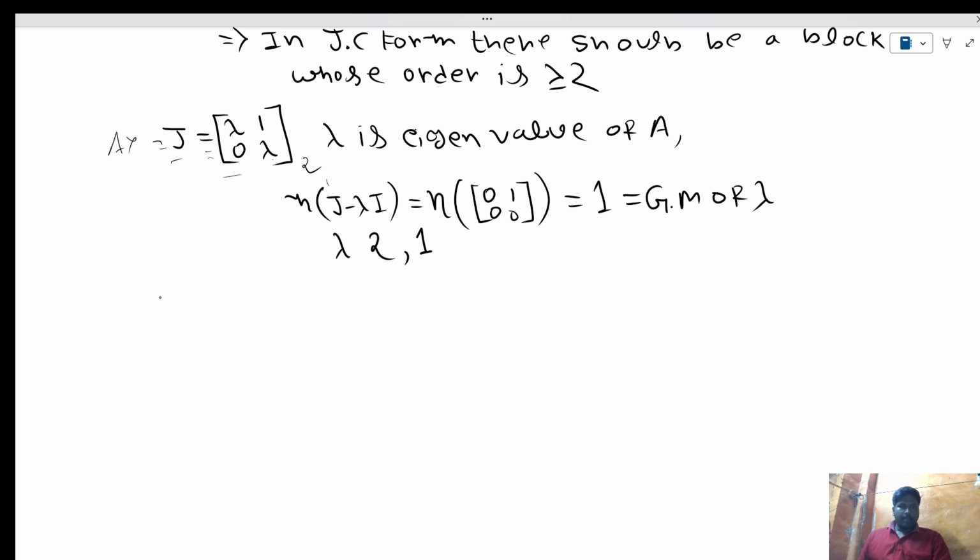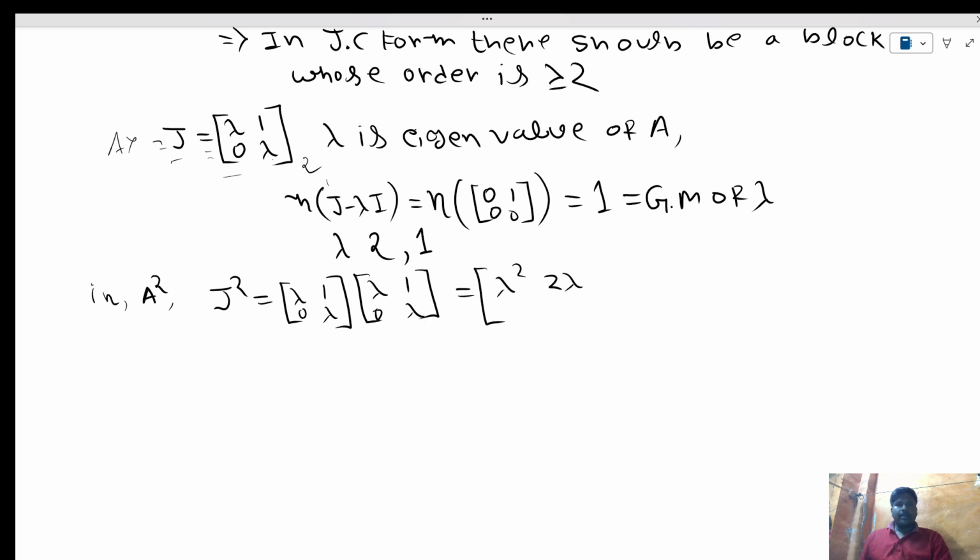Now when we take A square, then corresponding in Jordan canonical form, the block will also get squared. That means in A square, the Jordan block becomes J square, which is [lambda 1; 0 lambda] times [lambda 1; 0 lambda], which gives [lambda square, 2 lambda; 0 lambda square].